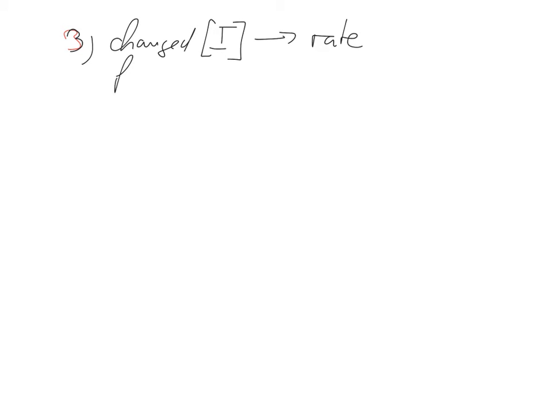In the last experiment, what you did was you changed the inhibitor concentration and you measured your rate, and you did that at a fixed substrate concentration. So what you got was inhibitor, and here is the rate. You started with no inhibitor, and then you had different inhibitor concentrations.